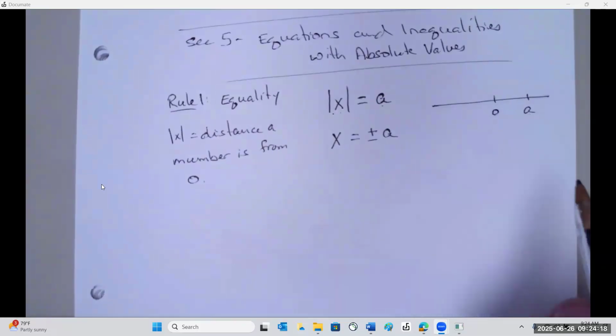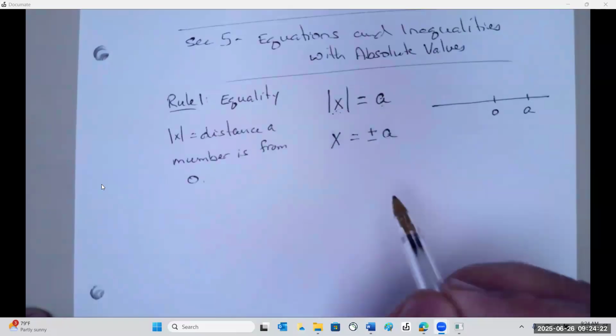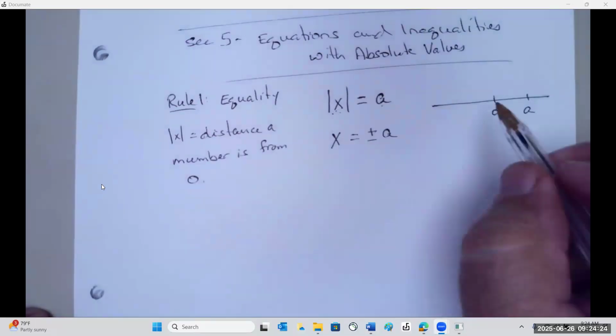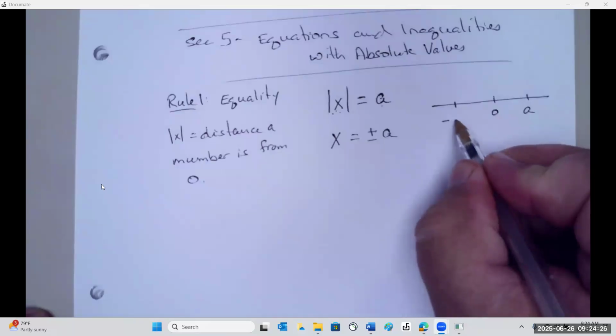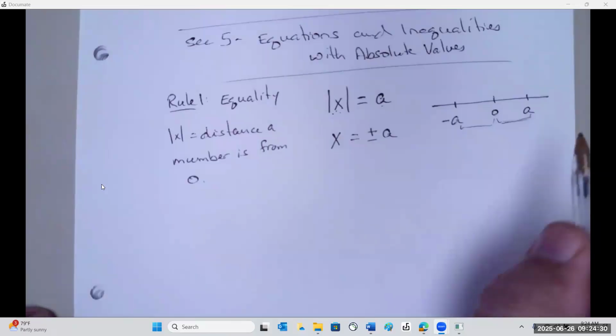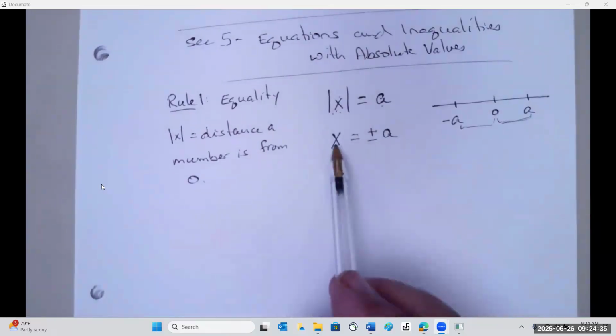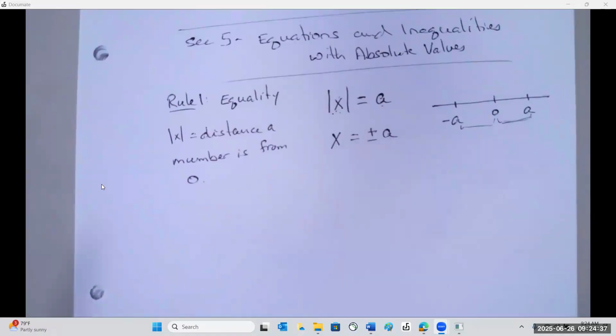That's a units away from 0. But if the absolute value of x is equal to a, and I drop the absolute values, then the answer can be positive or negative. Why? Because they're both the same distance away. So when we drop the absolute value, it becomes plus or minus the answer.